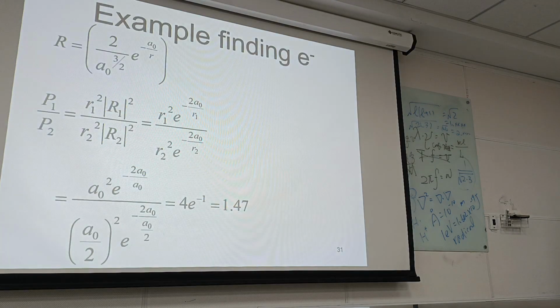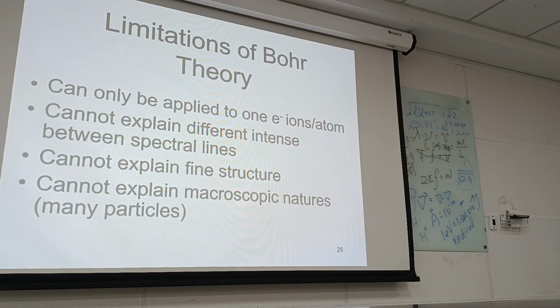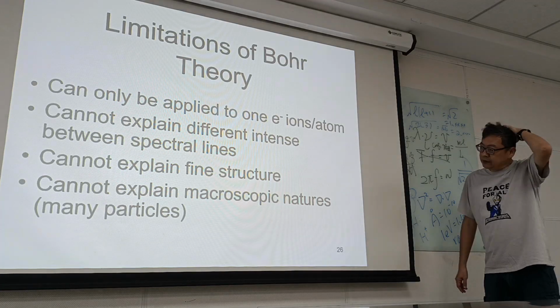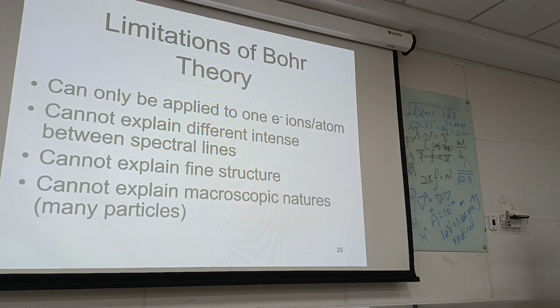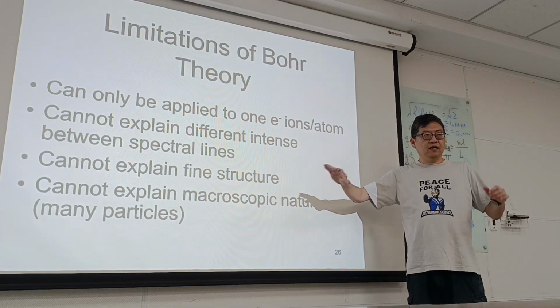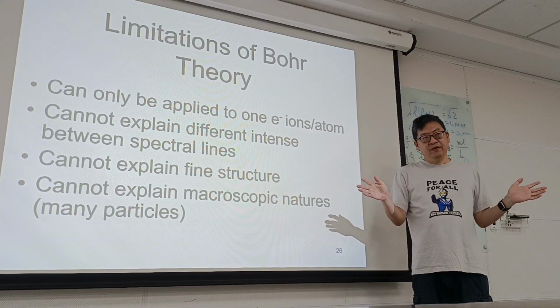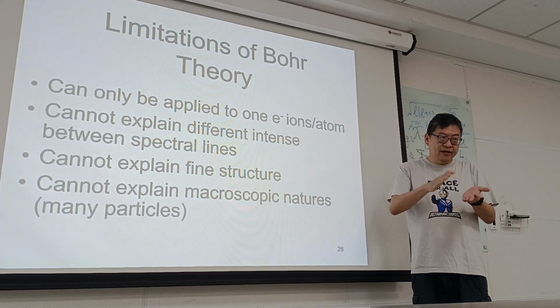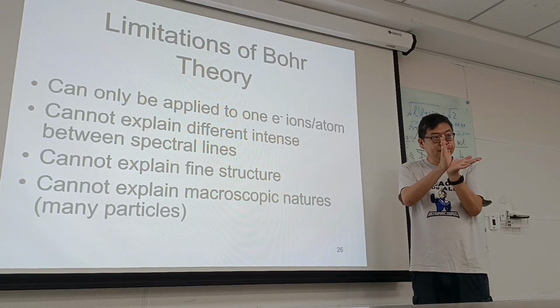Okay, then we will explain a little bit what the Schrödinger equation is. What is fine structure? Originally, they have some energy level, but when we apply a magnetic field, the spectral light will split.